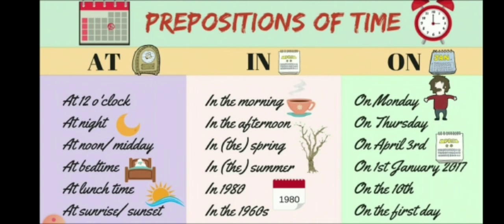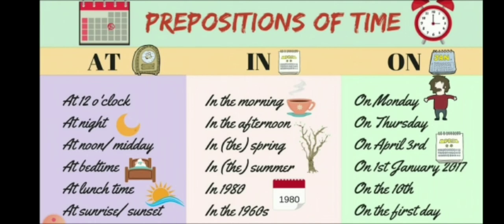On is used to discuss certain days of the week, specific dates and special days such as on New Year Day, on Monday, on Thursday, on April 3rd, on 1st January 2017, on the 10th, on the first day. So all these are prepositions of time.